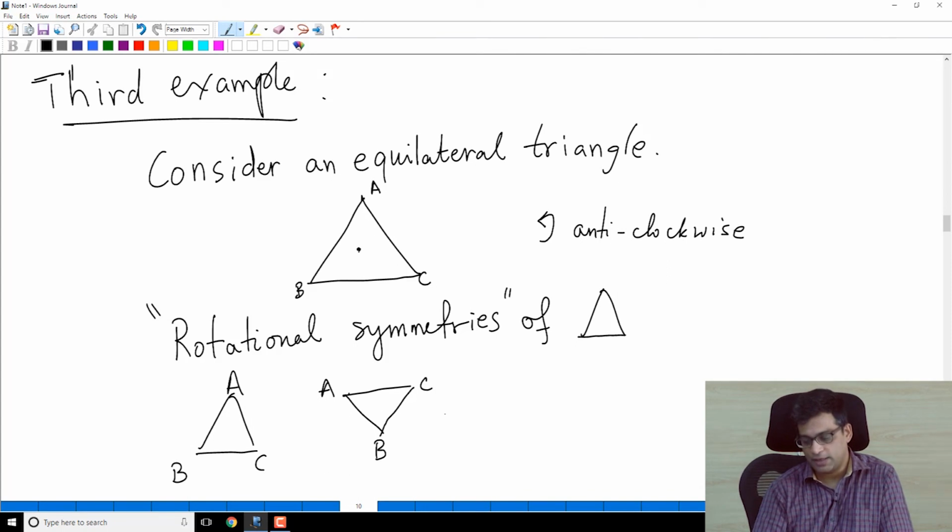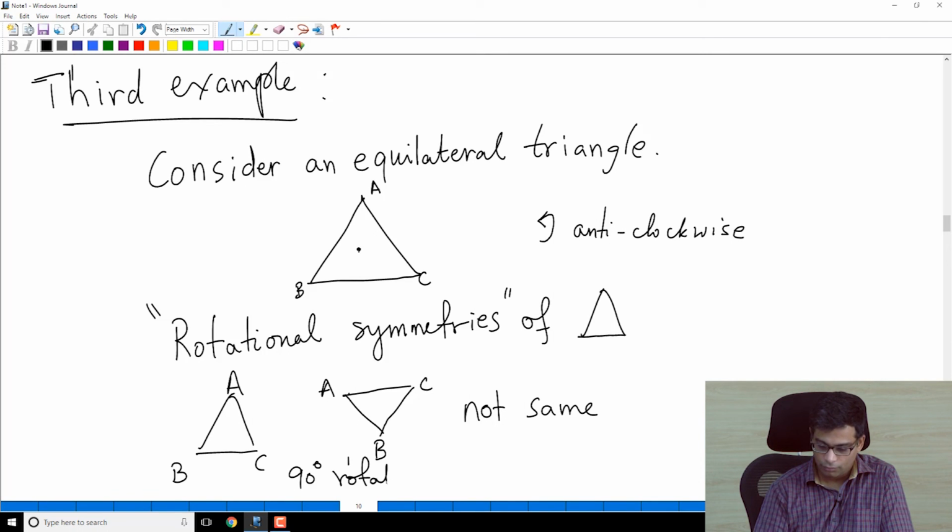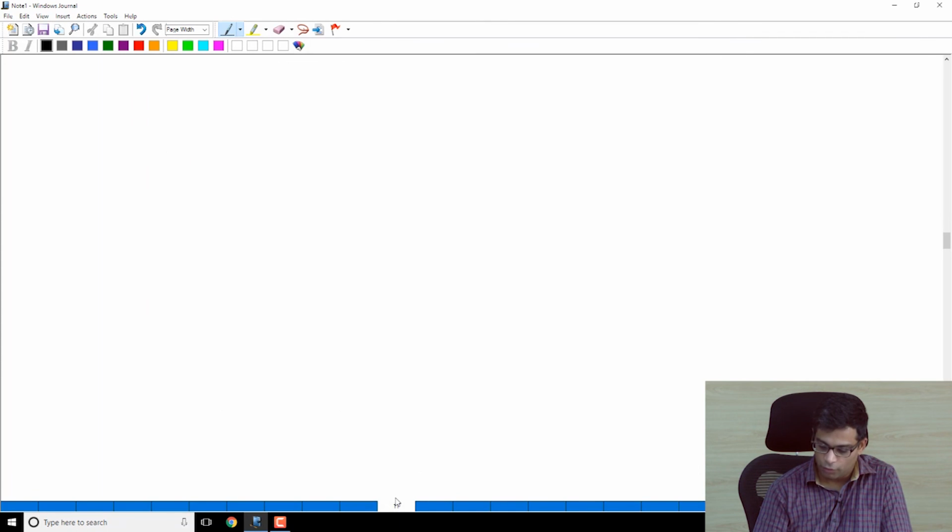Clearly this is not the same, so this is not a symmetry. I do not want to spend a lot of time on which rotations preserve the triangle.